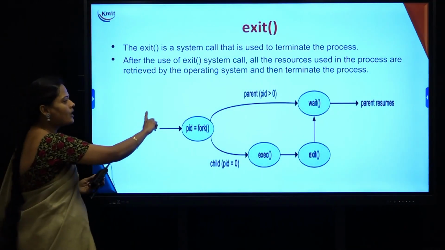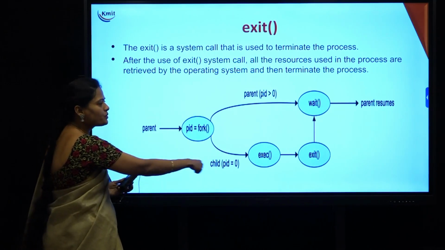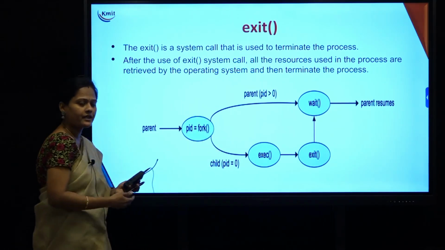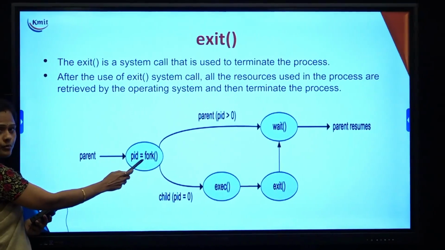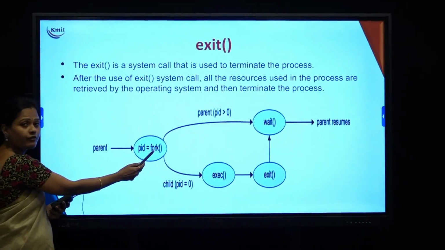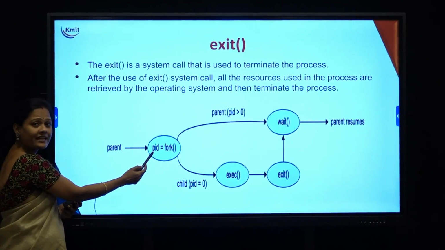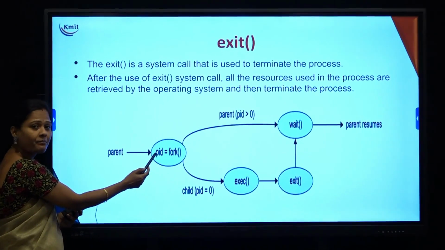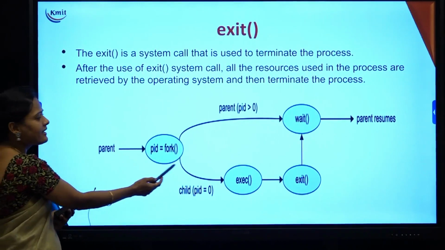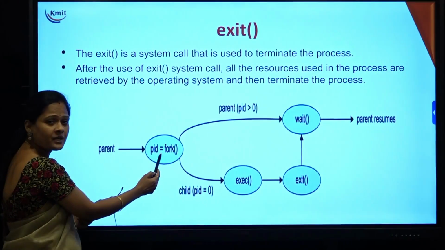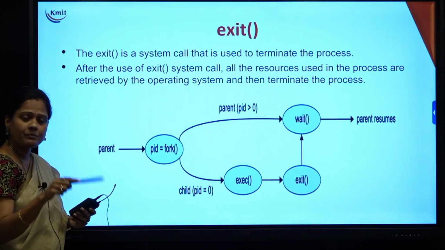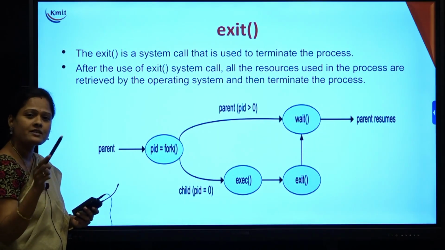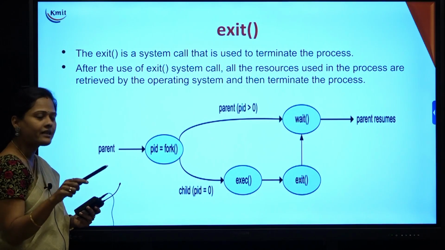Now, seeing all these system calls, let us go through the transition diagram of a particular process. Now you are a parent, and I am calling a fork. When a parent is calling fork, this PID contains the ID of the child, whereas in the child process, where PID is equal to fork, the value will be 0. So the value in the child will be 0, whereas in the parent it will be greater than 0.